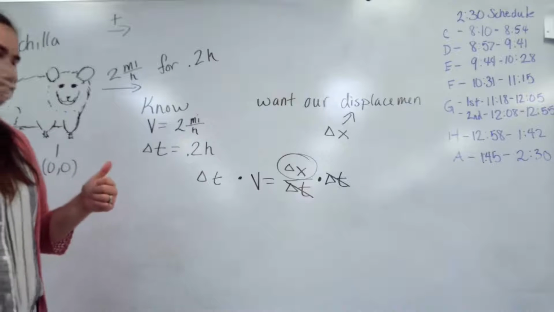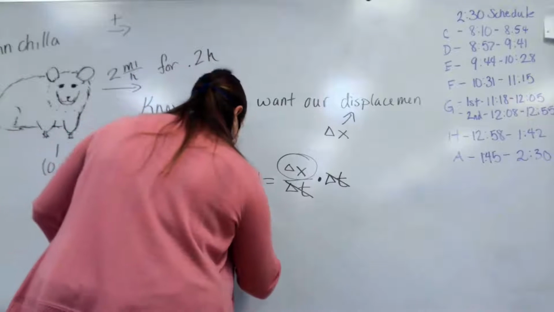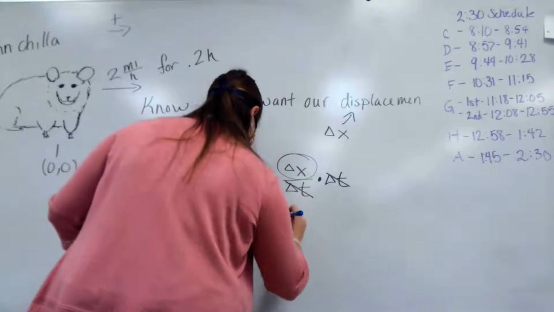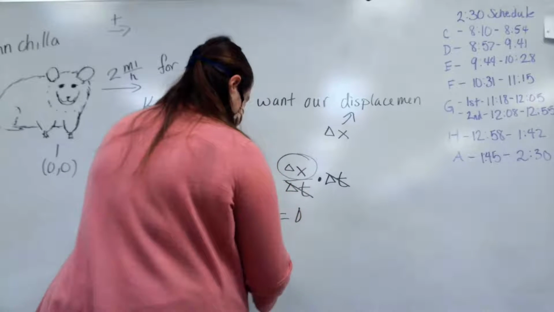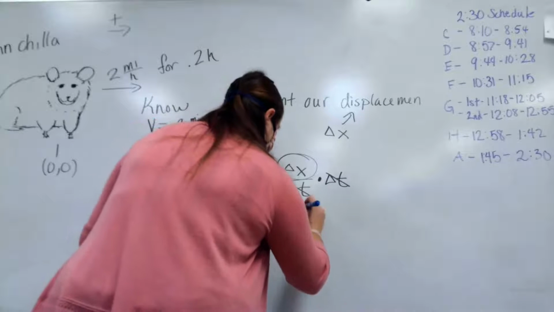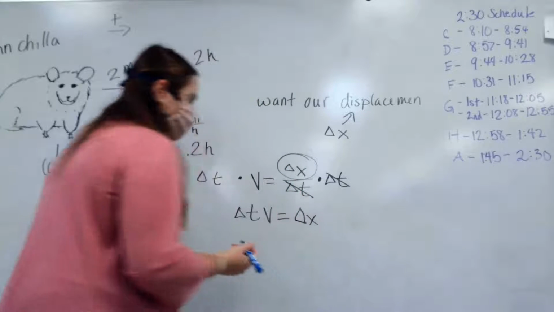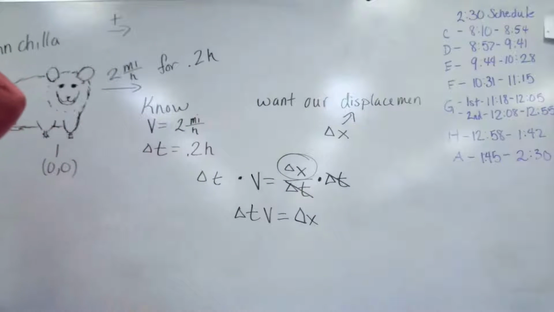Yeah? And we get delta t times v equals delta x. Good? Any questions on how I got there? You guys need me to close my computer so you can see better?